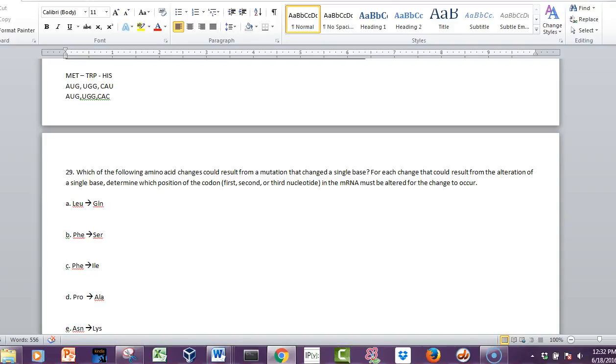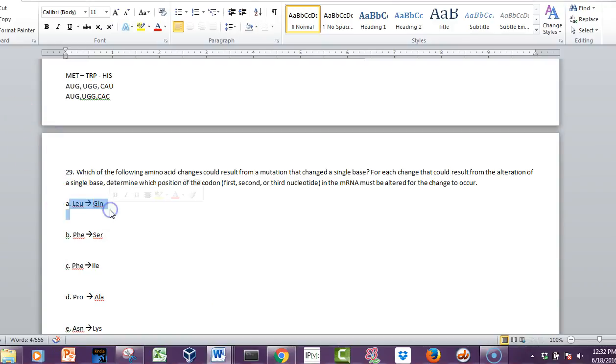All right, so the question is, of all of these things, which of these could be just a single base that would make this change. So let's just do them one at a time. Try to do it relatively quickly.